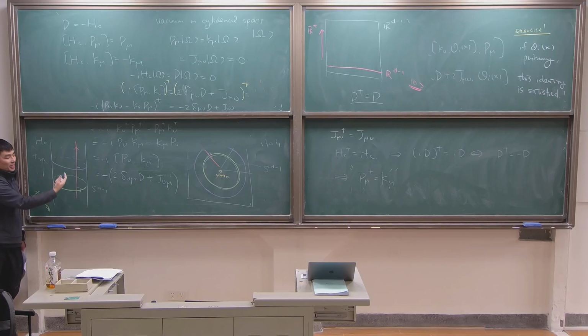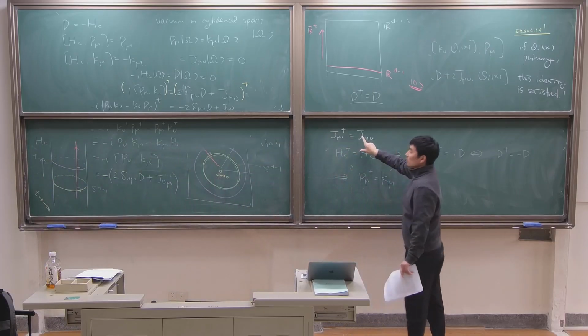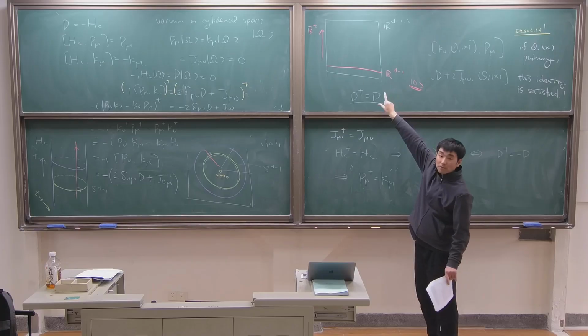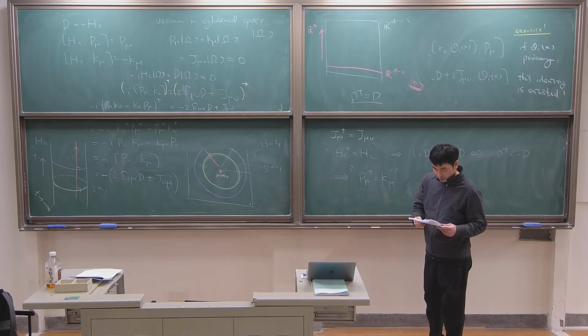So the generator of rotation needs to be unitary, therefore it has to be Hermitian. Time translation also needs to be a unitary transformation, so you can go back and forth. So you have to impose this condition, and then P mu dagger becomes K. That's totally different from quantization in ordinary space, so cylindrical quantization and radial quantization are different. Okay, fine.